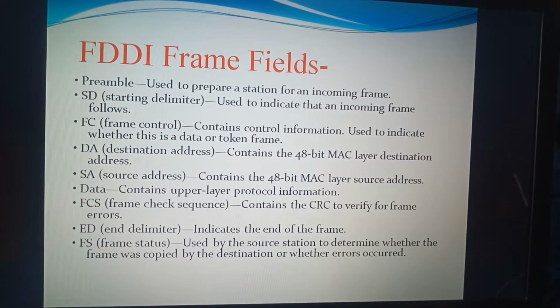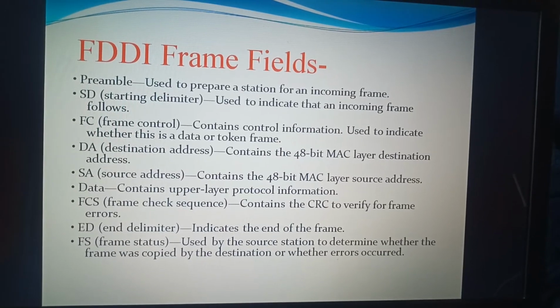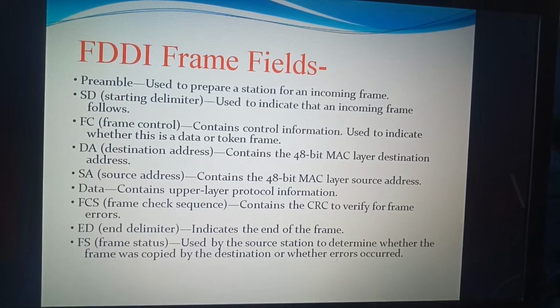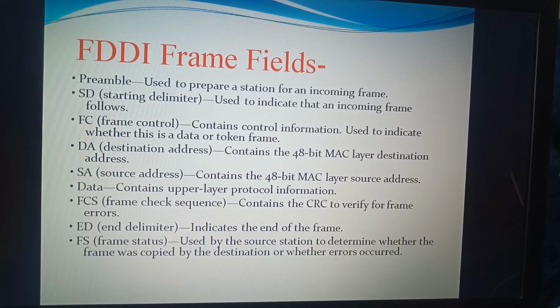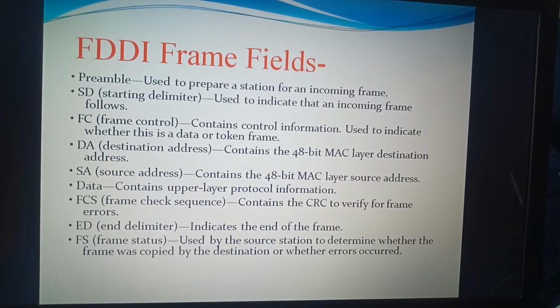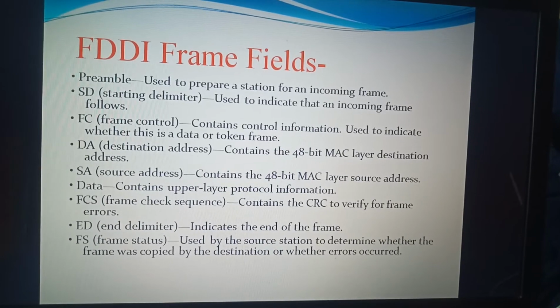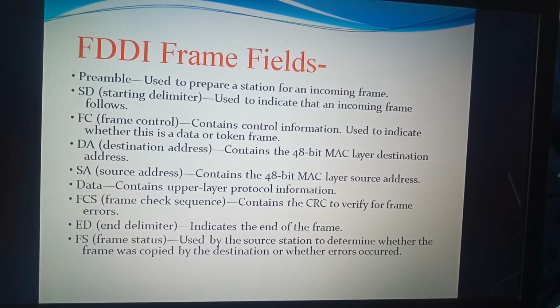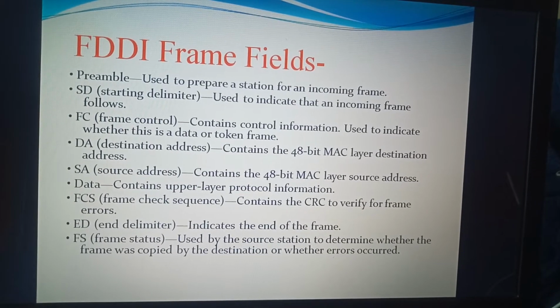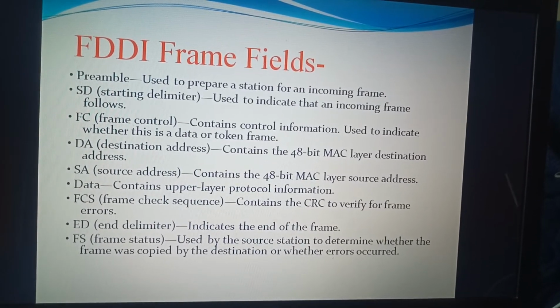Preamble is used to prepare a station for an incoming frame. SD, starting delimiter, is used to indicate that an incoming frame follows. FC, frame control, contains control information used to indicate whether this is a data or a token frame.